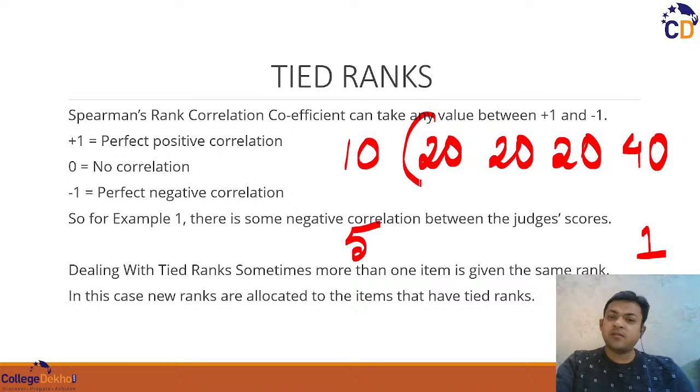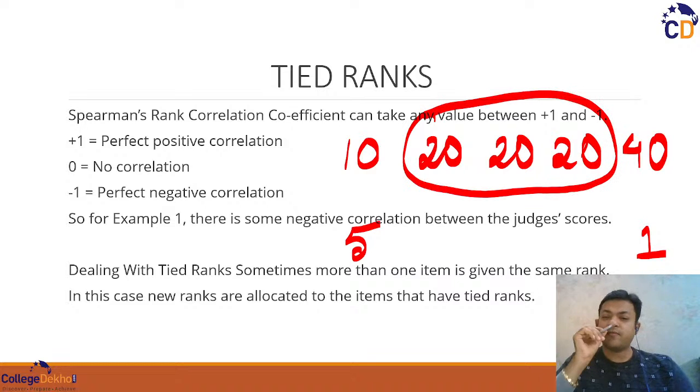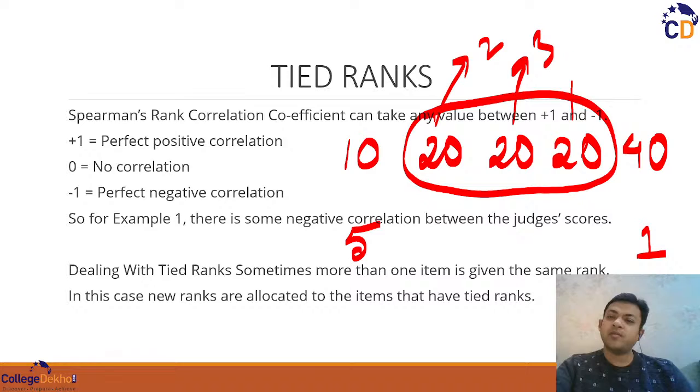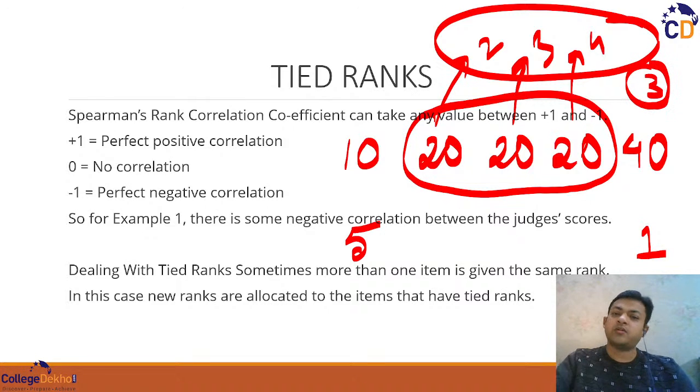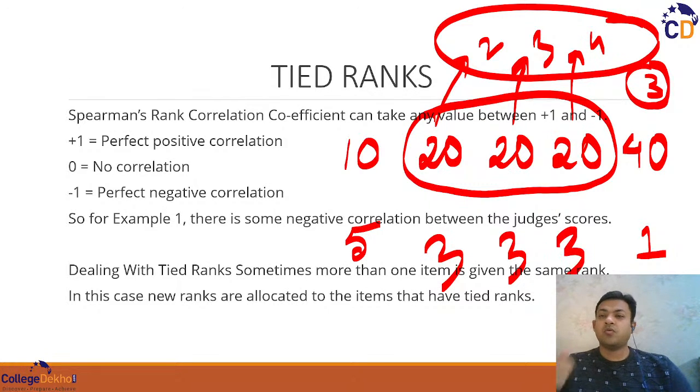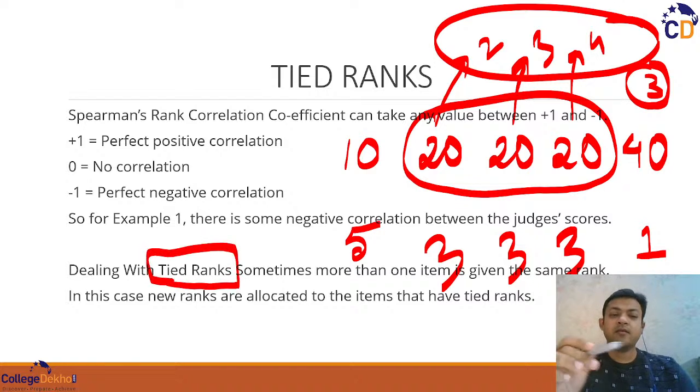Now all these three have an equal score, so they have to be given an equal rank. One of them should have been 2, one could have been 3, one could have been 4. So we take the average of these three numbers, which is 3, and we allot rank 3 to all three of them. So the ranks in this case are 1, 3, 3, 3 and 5. This is how we deal with tied ranks.